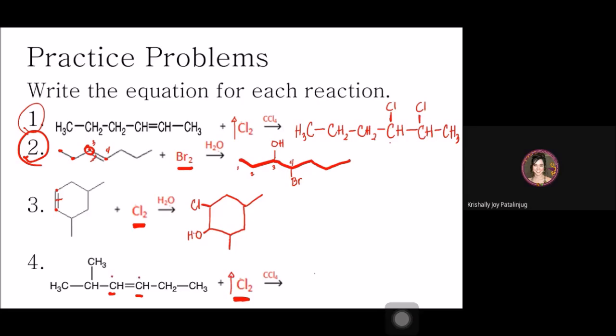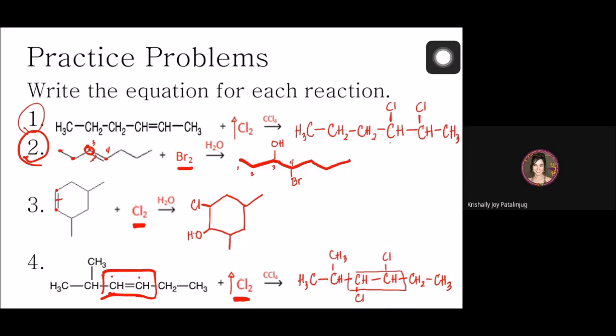So, you draw the structure, CH3, CH, then you have chloro here, one bond left. It's up to you whether the carbon is oriented up or down, where you place the added electrophile. Then CH2, CH3. So, the reaction happens here, on those double bond carbons.